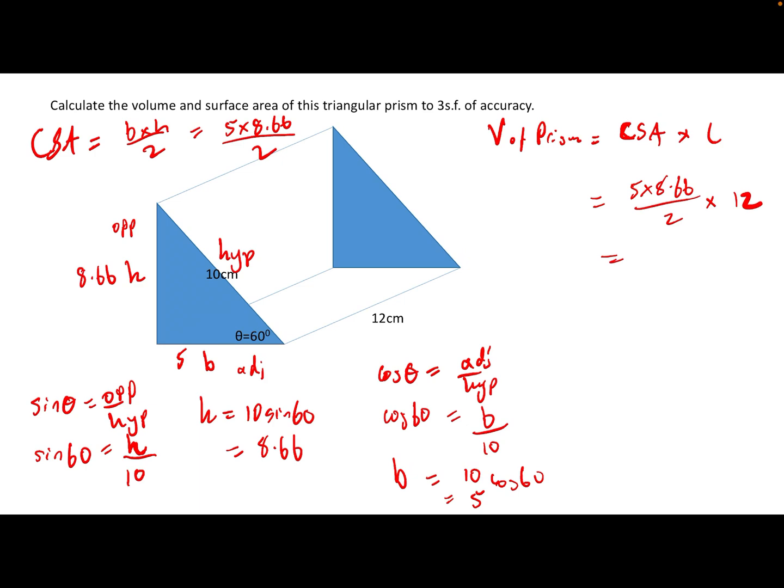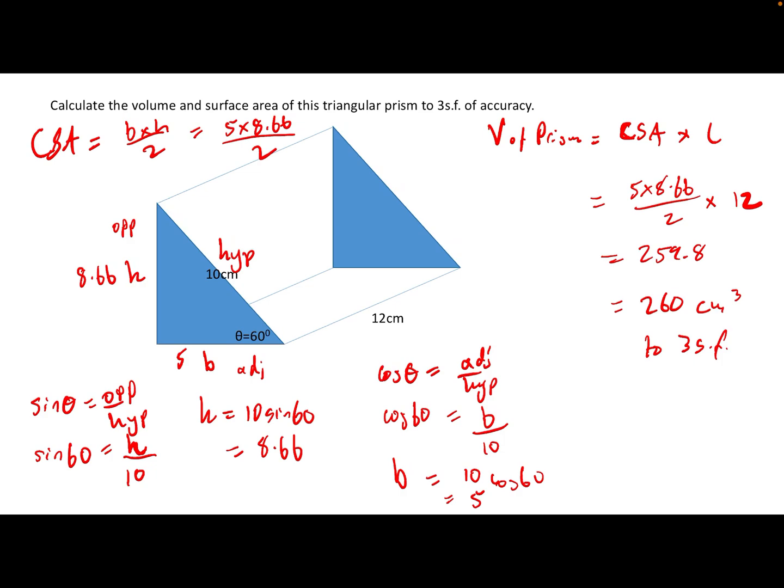So all I've got to do is put that into my calculator. So I'm going to do 5 times 8.66, divide that by 2, times that by 12, and the answer is 259.8. So therefore 260 centimetres cubed to 3 significant figures.